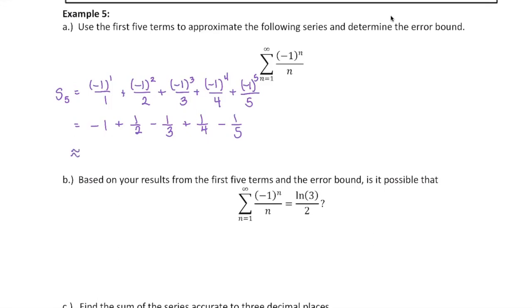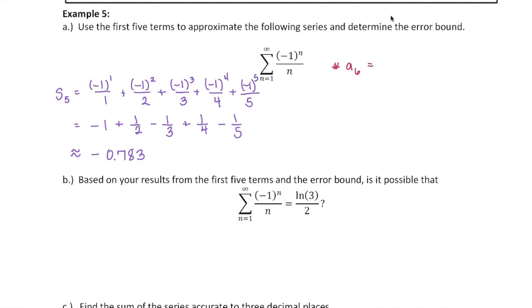This comes out to approximately negative 0.783. Now, the other thing that is important to know, we are looking at the 5th partial sum, so we need to consider the 6th term of the sequence.